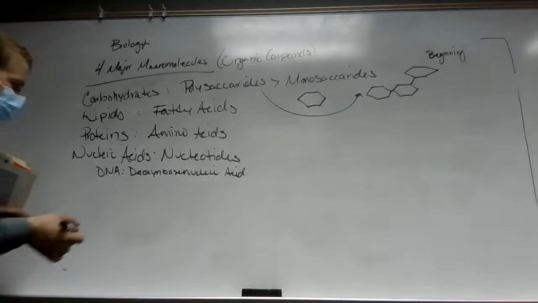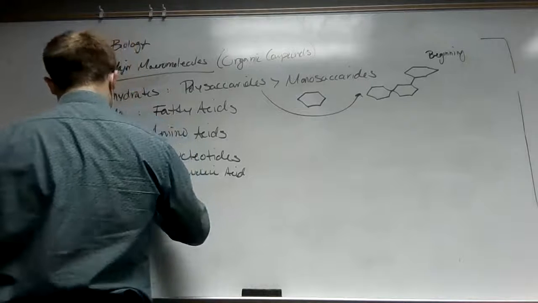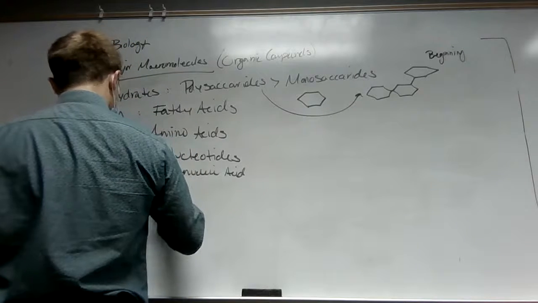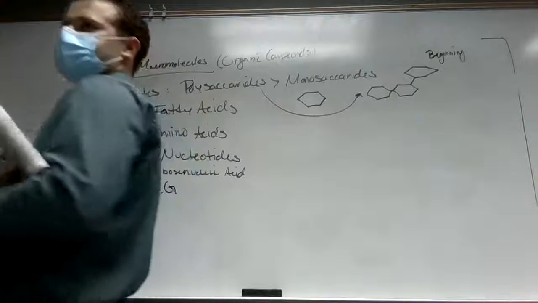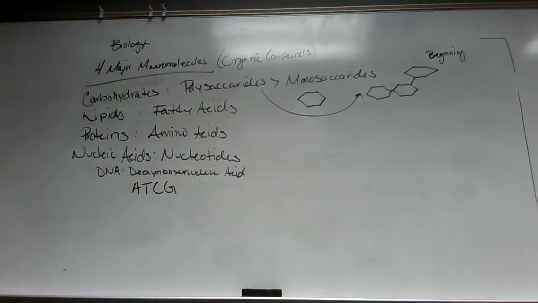So DNA is made up of nucleotides A, T, C, and G. Adenosine, so on and so forth. The specifics of that, we'll get into a little bit, but for the most part, that'll be genetic.